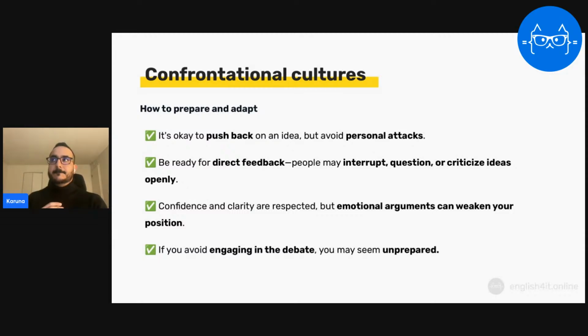So my best advice would be to observe how things are, and just mirror what level of feedback generally happens in the company or with the clients that you work with. But as a whole, I would say that German culture is a lot more direct than a lot of Asian cultures, for example.